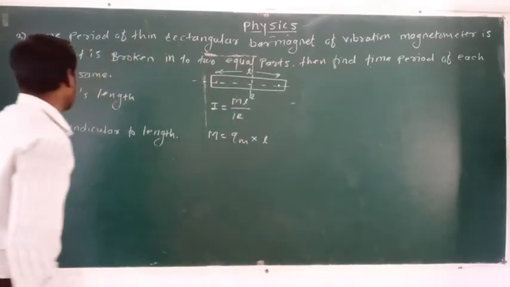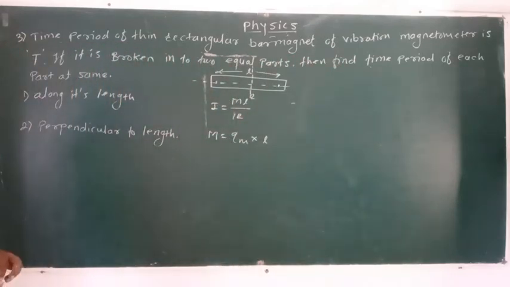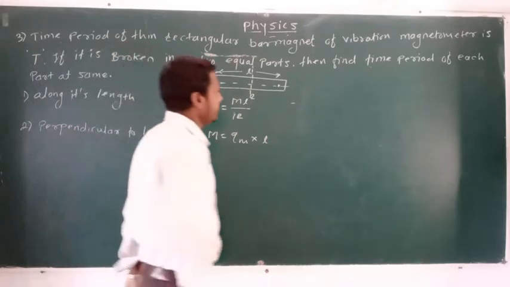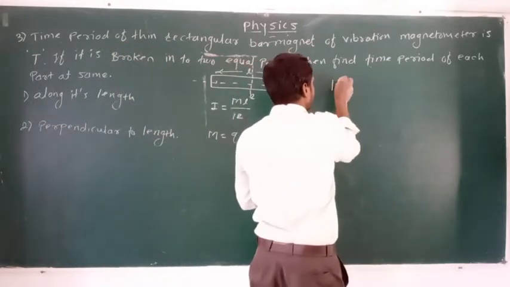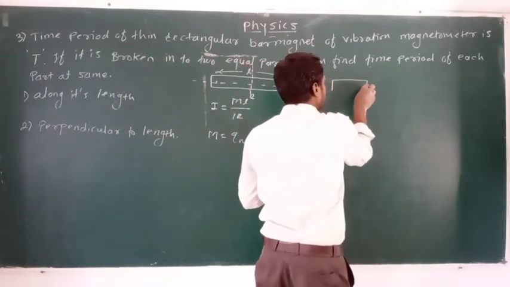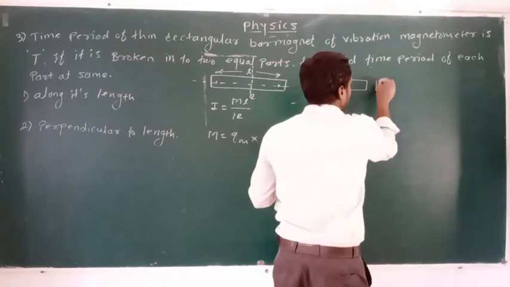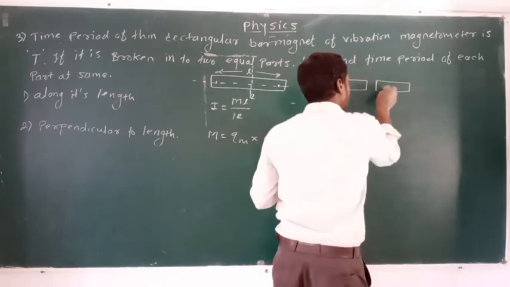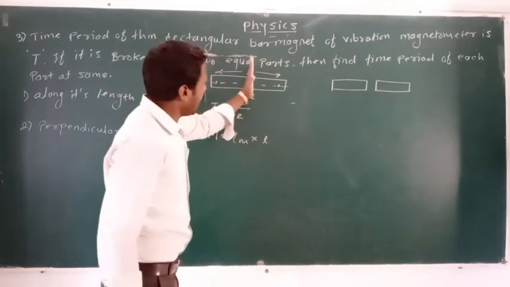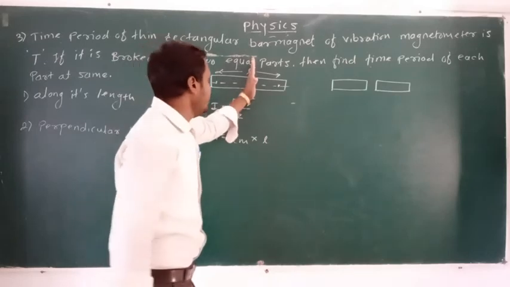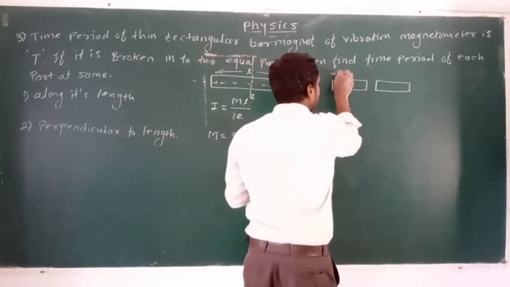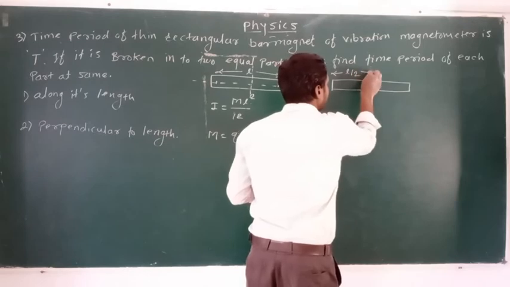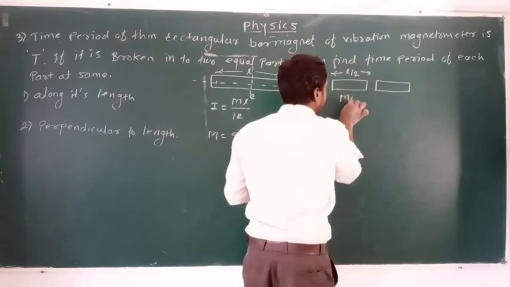About the second case, if the bar magnet is broken perpendicular to its length, then this length becomes L by 2, and mass becomes M divided by 2.